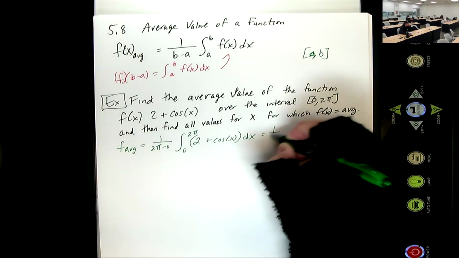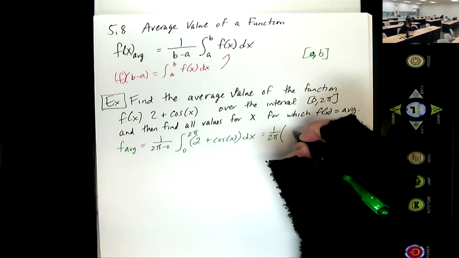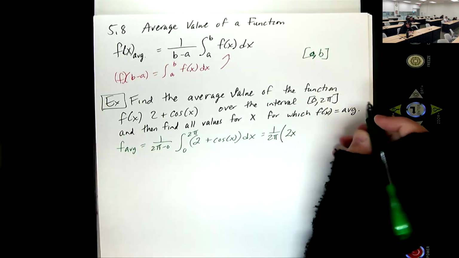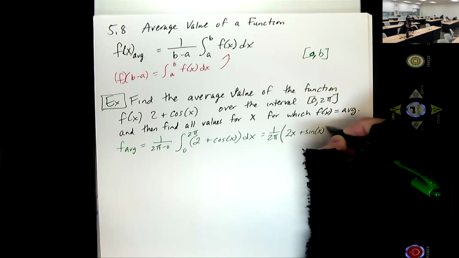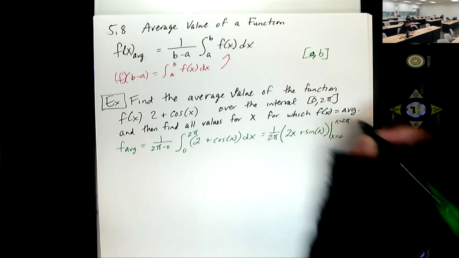Alright, so we'll integrate that. We got 1 over 2 pi. We integrate the 2, we get 2x. What do we get when we integrate cosine? Sine. And we're going from x equals 0 to x equals 2 pi.